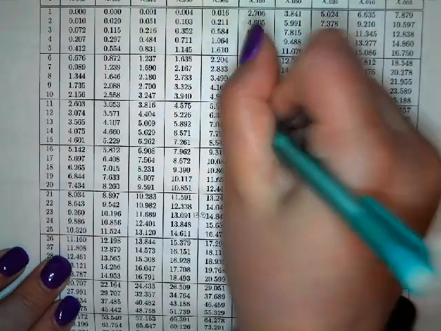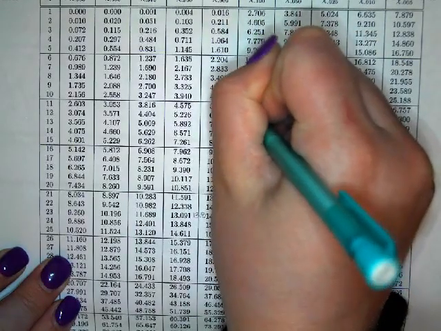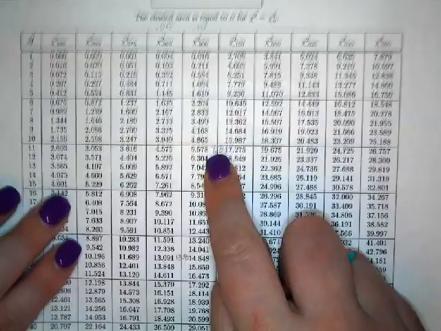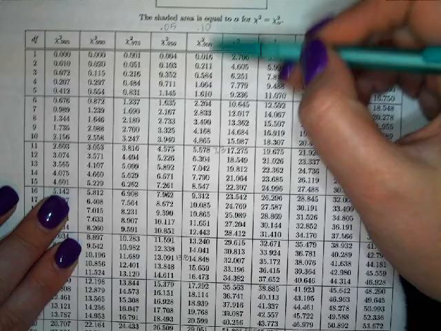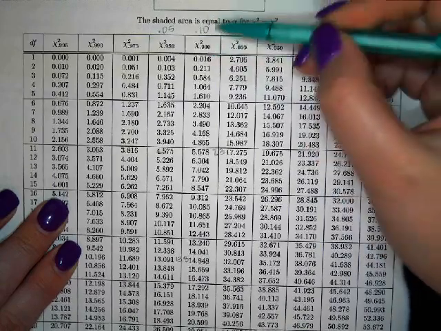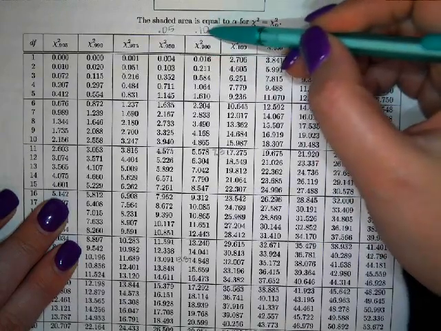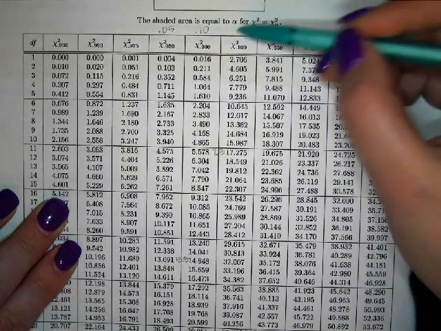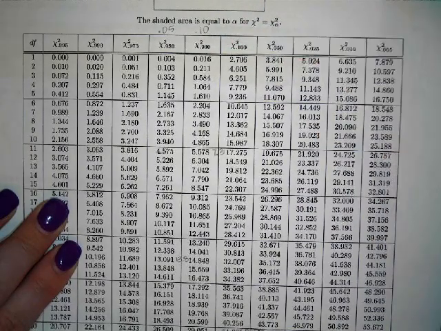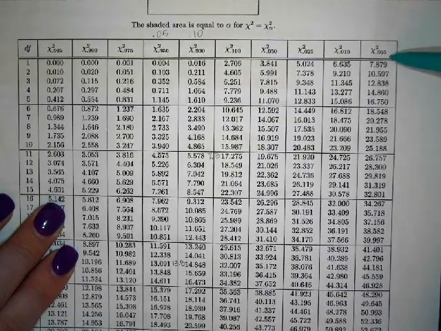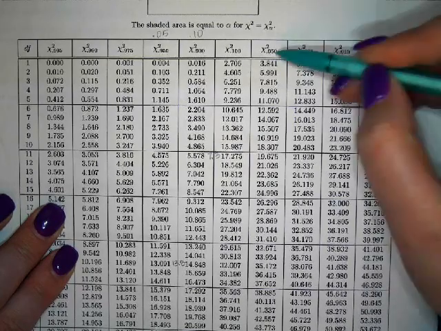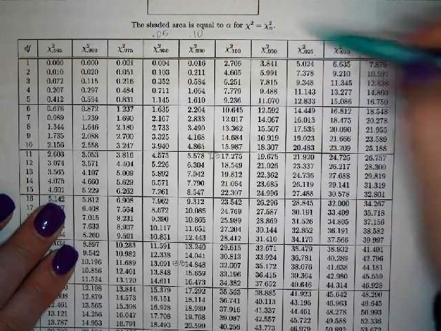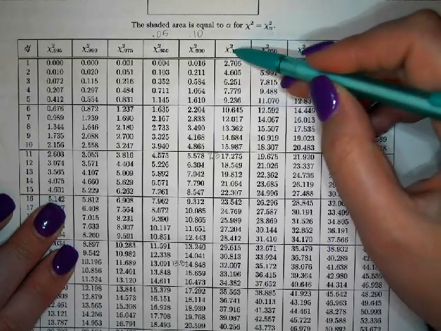So 0.90 is really a significance value of 0.10. And you can look here. So we've got significance values of 0.005, 0.010, 0.025, 0.050, 0.10. These values are getting larger. 0.995, 0.99, 0.975, 0.95, 0.9.